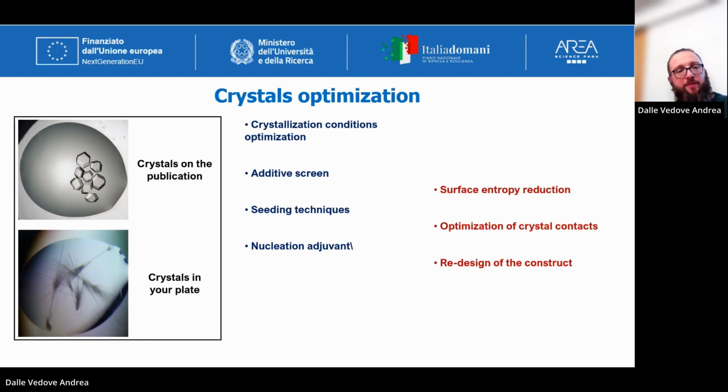If nothing of this happens, you can use the approaches I highlighted in red: surface entropy reduction, optimization of crystal contacts, a redesign of constructs. As you can infer, at least from the last one, all of these approaches imply that you have to do, to some extent, mutation of the protein.